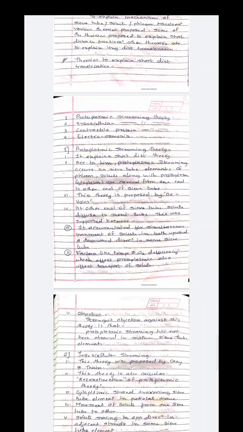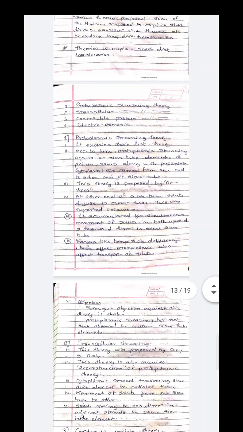One of the objections of this theory is that protoplasmic streaming is not observed in the mature sieve tubes. Then the second, intracellular streaming theory, is also proposed by scientists Curtis and Thaine, and they reconstructed the protoplasmic theory, and they mention that the cytoplasmic strands are also involved in the translocation of petiole with the sieve tubes or with the protoplasms.